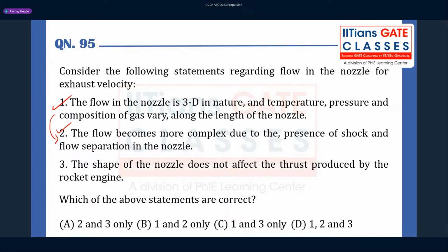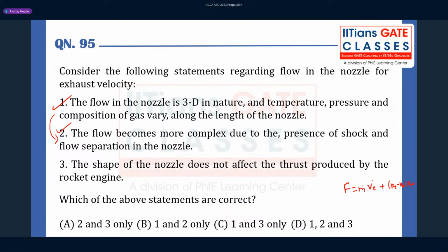If statements 1 and 2 are correct, then statement 3 cannot be right, because it says the shape of the nozzle does not affect the thrust produced by the rocket engine. But thrust is exactly dependent on the exit plane conditions, that is mass flow rate times velocity plus a pressure thrust.